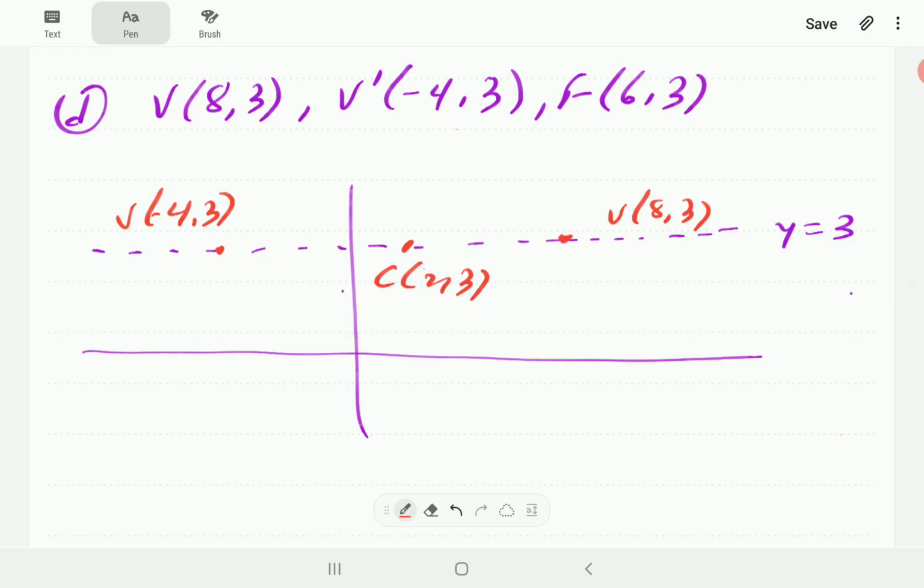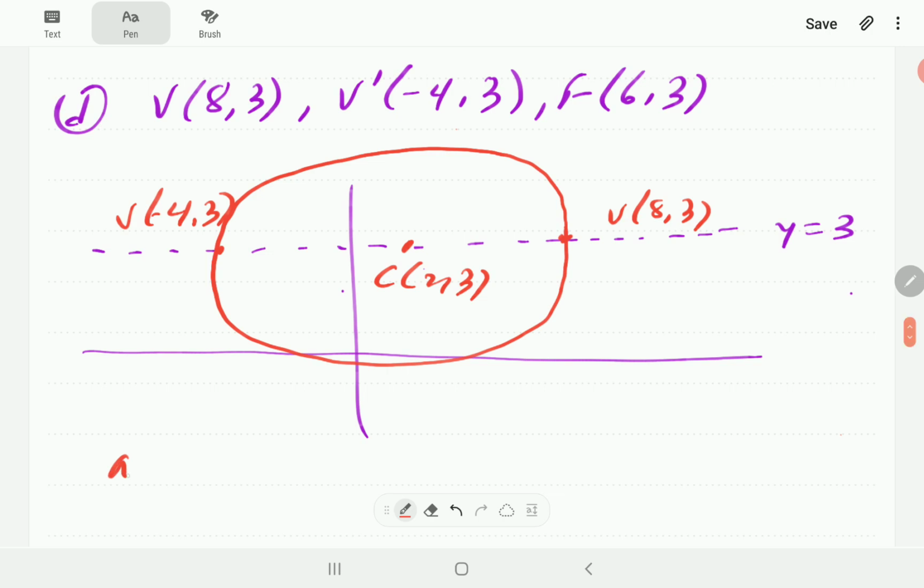So the ellipse is going to have a horizontal major axis, and A is the distance from the center to one of the vertices. So A is going to be 6, and we're told that one of the foci is at 6, 3.